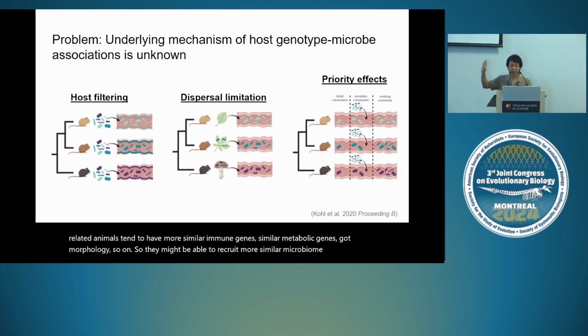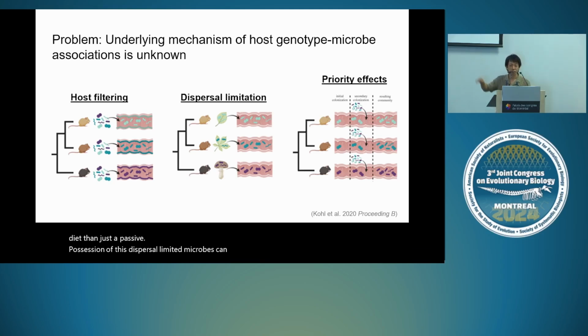But the same pattern can be explained by other processes, say dispersal limitation of the microbe, right? Genetically related animals tend to live in a similar habitat and prefer a similar diet, so just the passive acquisition of these dispersal-limited microbes can also produce this pattern without host filtering.